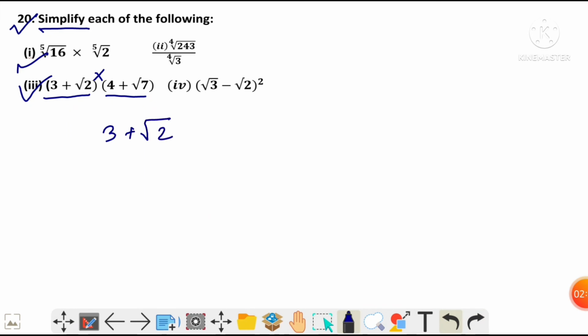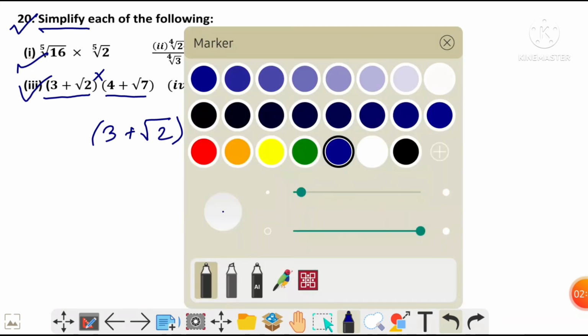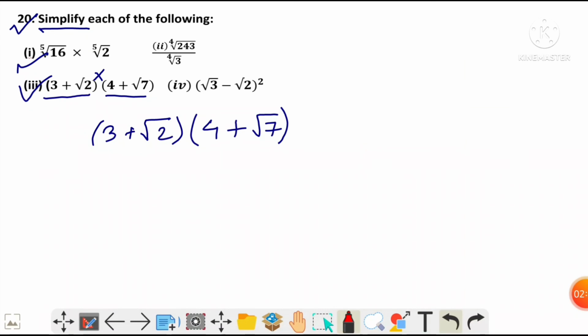So we'll write 3 plus root 2 into 4 plus root 7. So let me change the color to make it clear. So first we'll write 3 and multiply it to 4 plus root 7, and then we'll write root 2 and then multiply it with the same number.